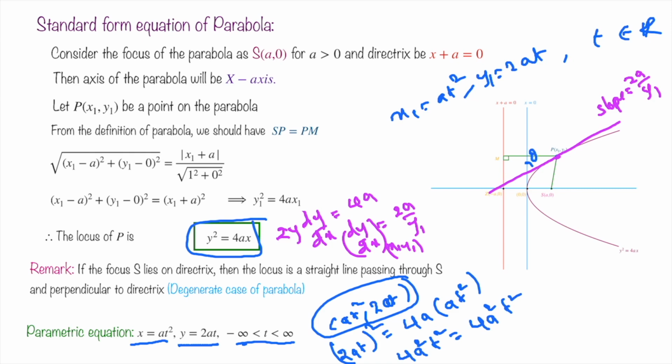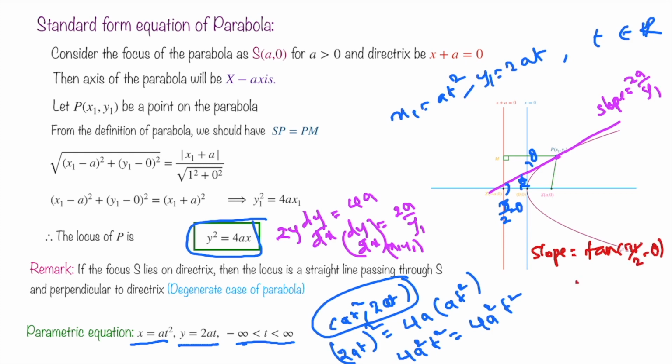If this is theta, then this is also theta, and here we have 90 degrees, so this must be pi by 2 minus theta. So in terms of the definition, the slope of the tangent must be tan of this angle, pi by 2 minus theta.